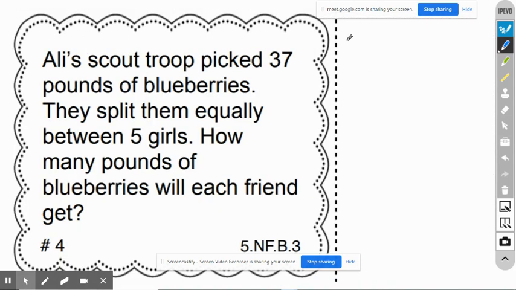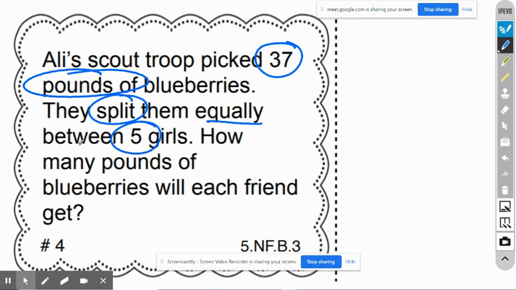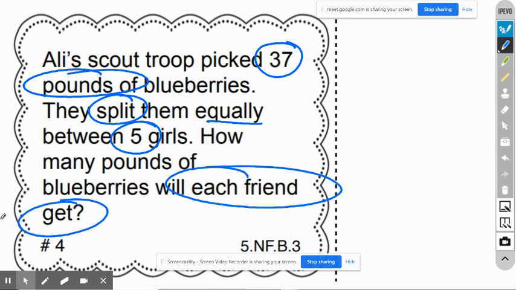Let's see. Alice's Scout Troop picked 37 pounds of blueberries. 37 pounds of blueberries. They split them equally between 5 girls. How many pounds of blueberries will each friend get? I want you to read and I want to see who can tell me what operation we are going to use here.